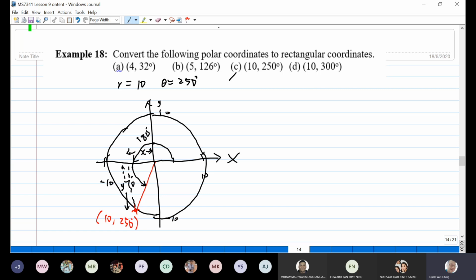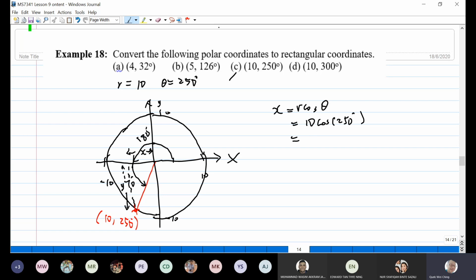Right. So how do you check answer? You check answer, x equal to r cosine theta. So x equal to 10 cosine 250. You press calculator, you get negative answer.